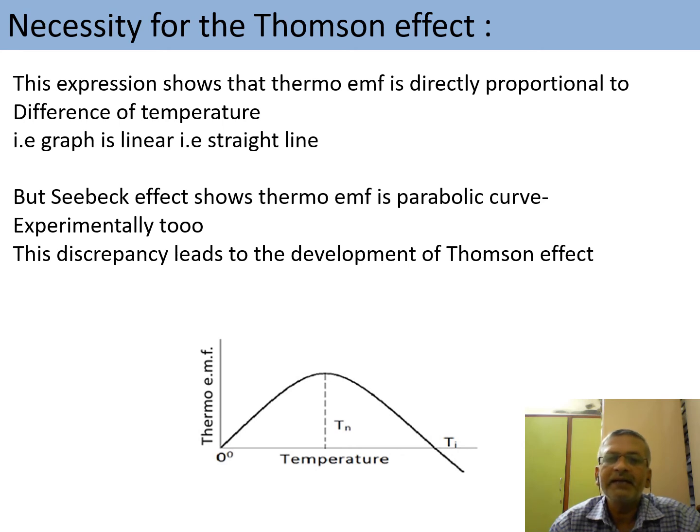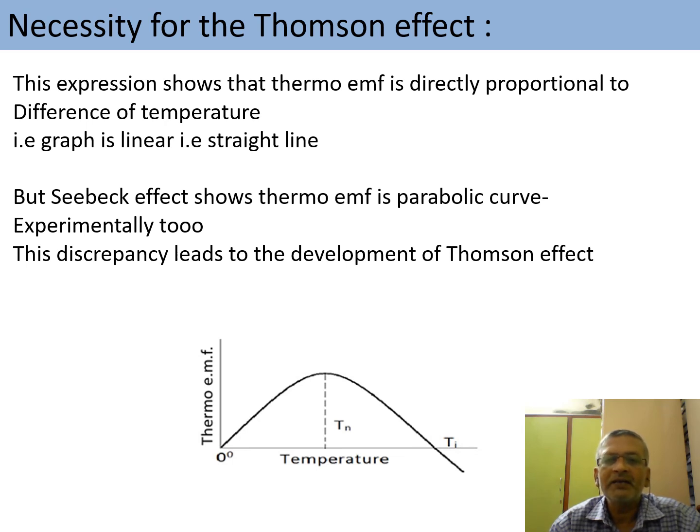According to the thermodynamics of the Peltier effect, the EMF is linear, and if you plot EMF versus temperature, the graph is a straight line. But according to the Seebeck effect, the thermo EMF follows a parabolic curve with the equation E equals AT plus BT square. We explained the neutral temperature and temperature of inversion, and so it is a parabolic curve.